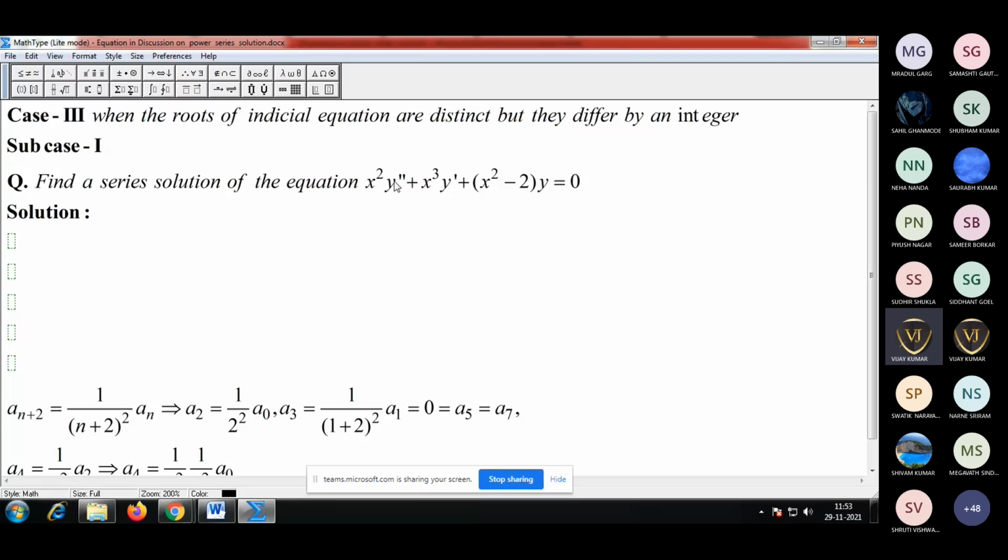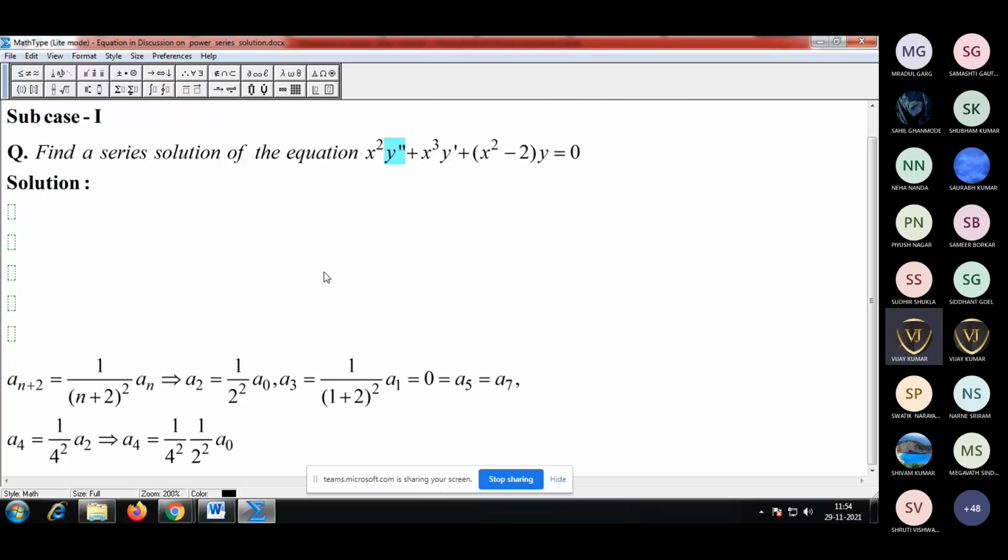Here P is x and Q is x minus 2 by x square. So P is analytic but Q is not, but x square Q will be analytic. So it means x equal to 0 is a regular singular point. Because of that, we may assume a series solution. It is our equation 1.